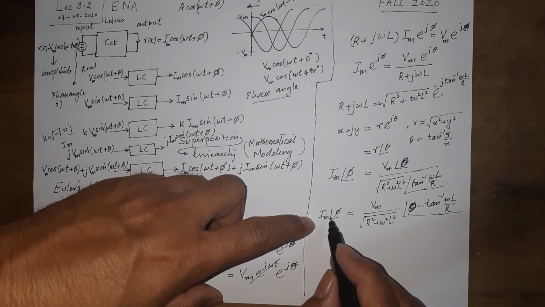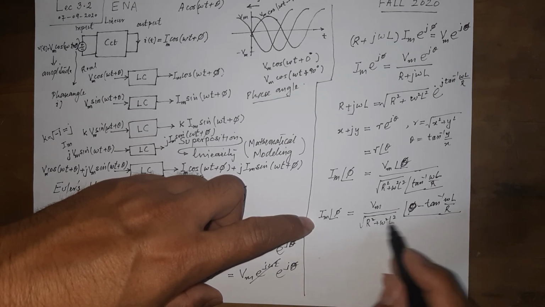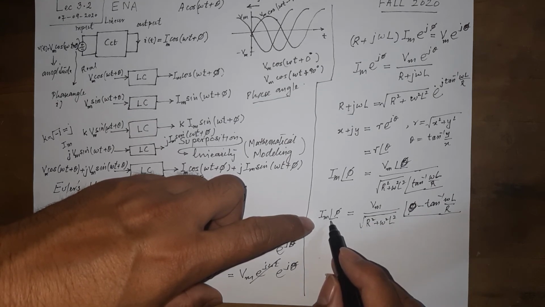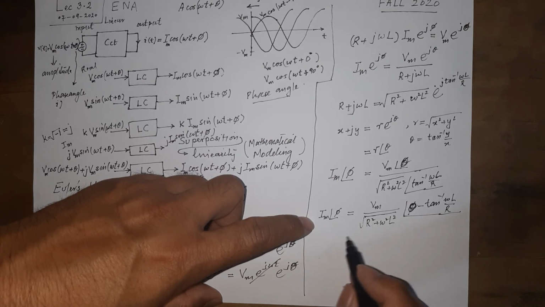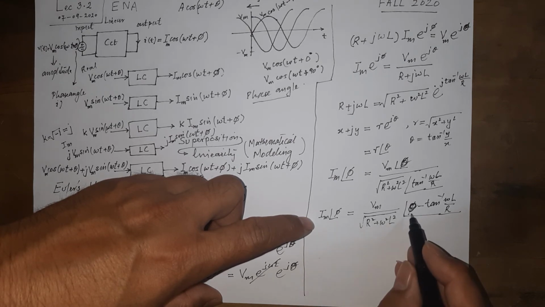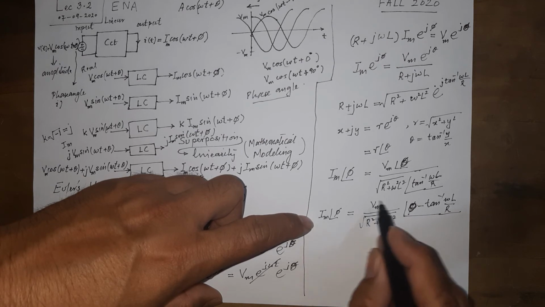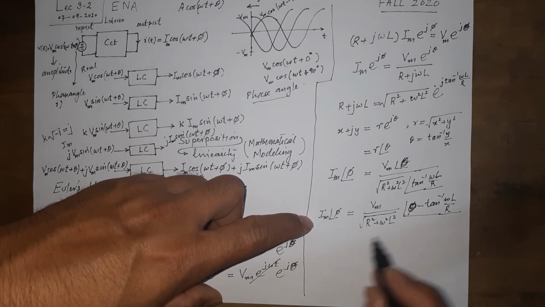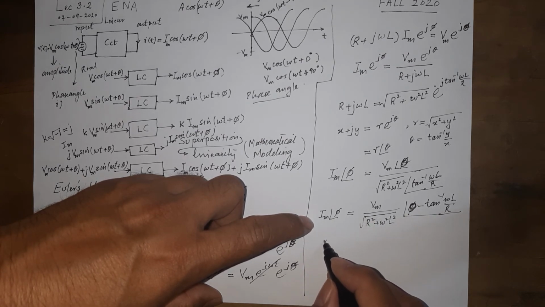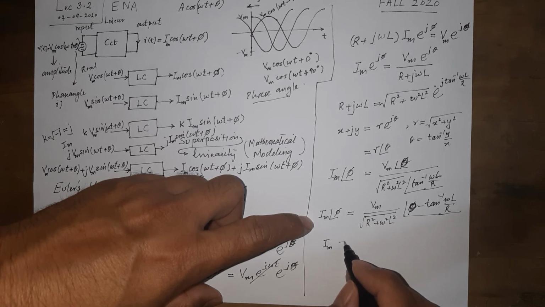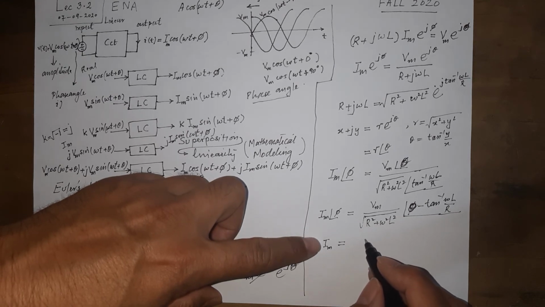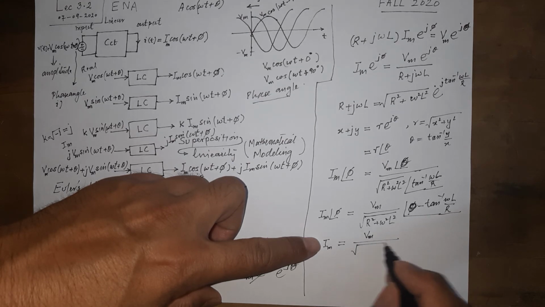So what do we get? A complex number on the left hand side and a complex number on the right hand side. So two complex numbers can only be equal if their magnitudes are equal and their angles are equal. So what do we get? Im, the current amplitude, is equal to the voltage amplitude divided by square root of r square plus omega square l square.